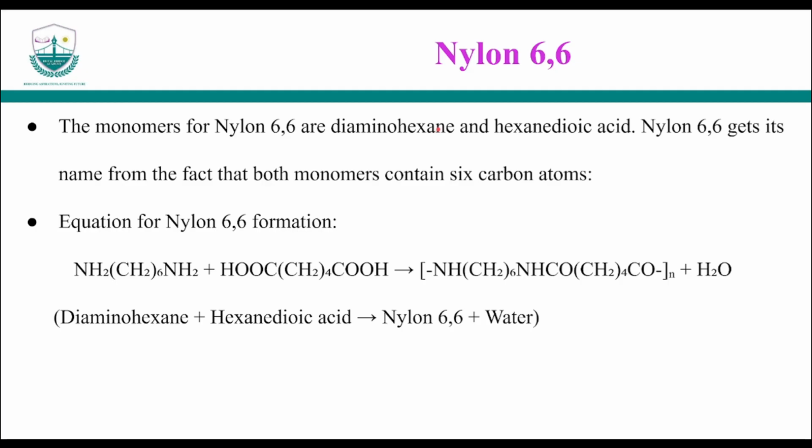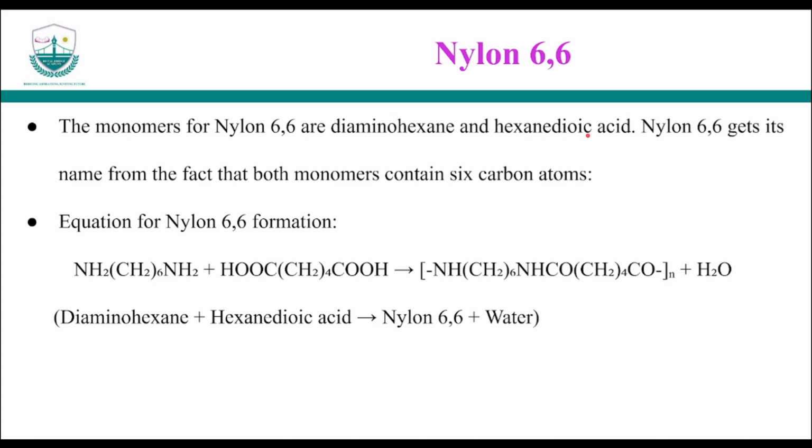If you say hexane, you have a hydrocarbon compound of 6 carbon atoms. And then here is also 6 carbon atoms, hexane, 6 carbon atoms, dioic.